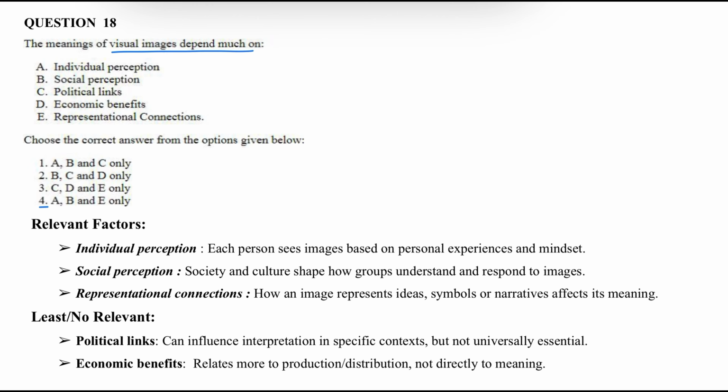The relevant factors are individual perception, social perception, representational connections, and least relevant or not relevant are political links and economic benefits. So the correct answer is individual perception, social perception, representational connection. A, B, E. Option 4 is the correct answer.